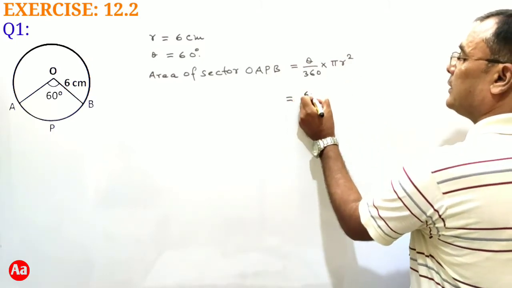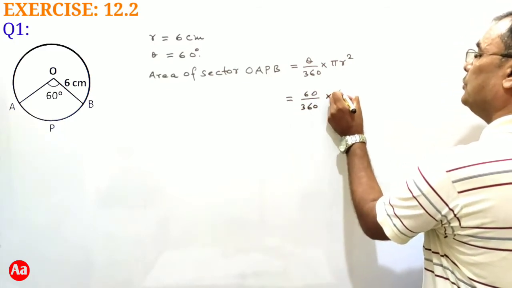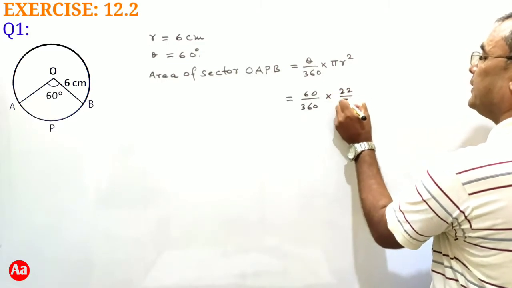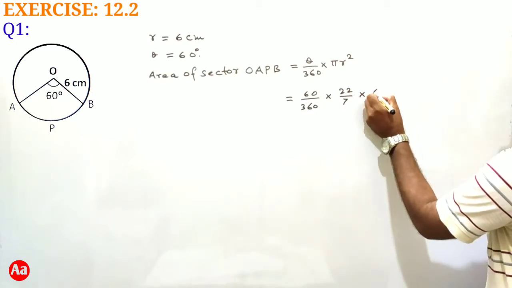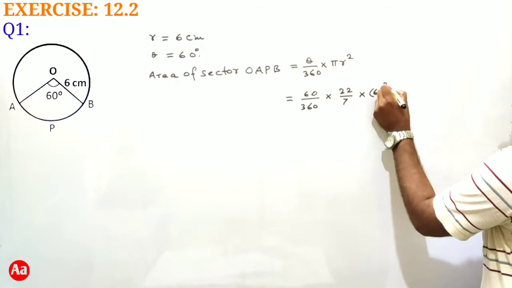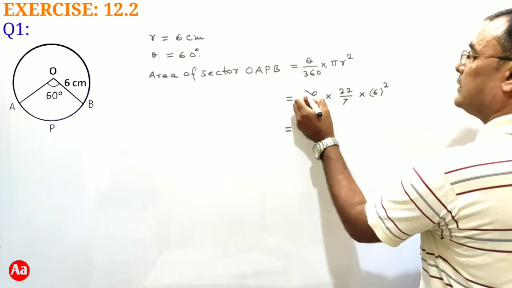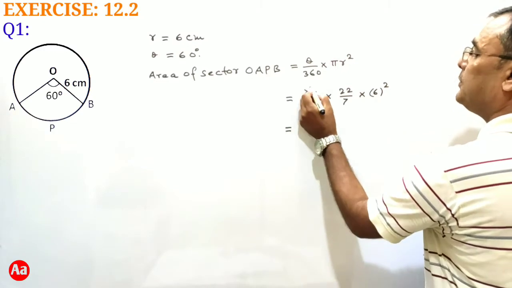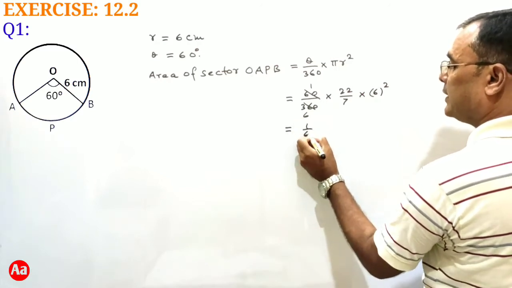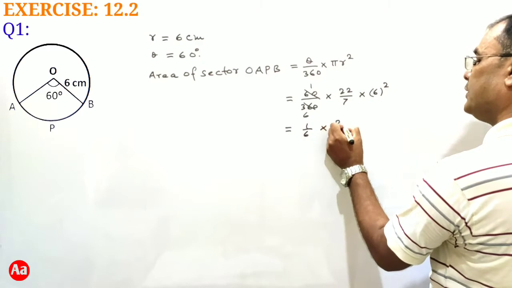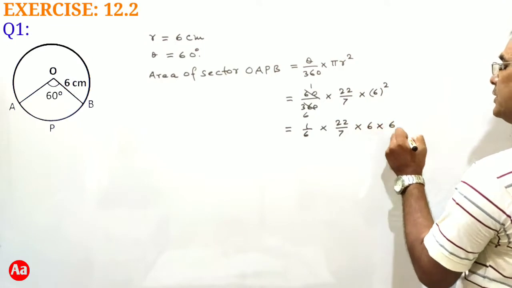So 60 by 360 into 22 by 7, value of pi, into radius given 6 cm, so r square means 6 square. 60 by 360 if you cancel, you will get 1 by 6 into 22 by 7 into 6 into 6.